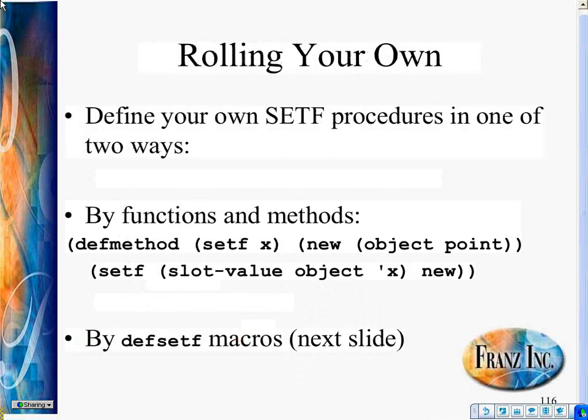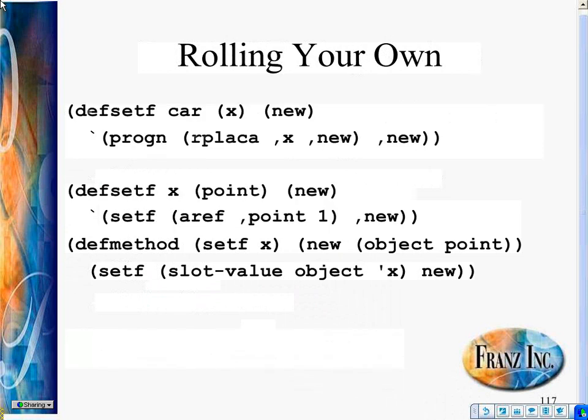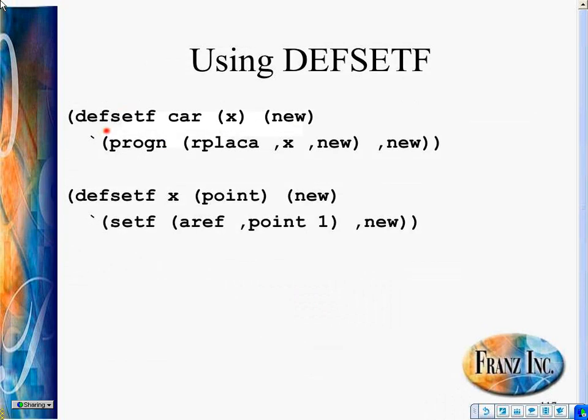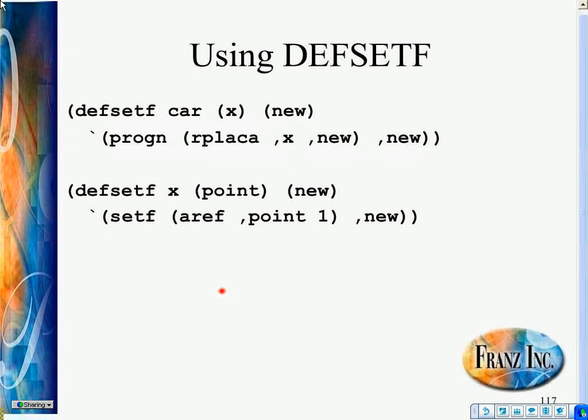We discussed some of this before. There's also a defsetf macro, which takes sort of two argument lists there. Here's the function being set, here's its argument, here's the new value, and this is what a defsetf would look like.